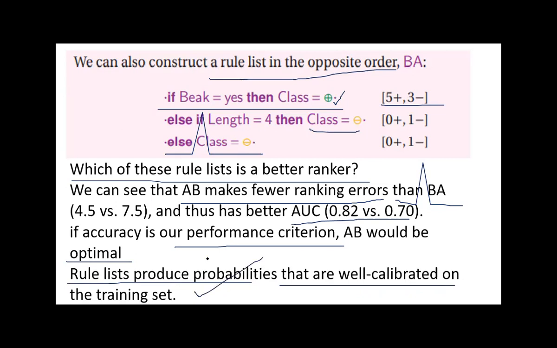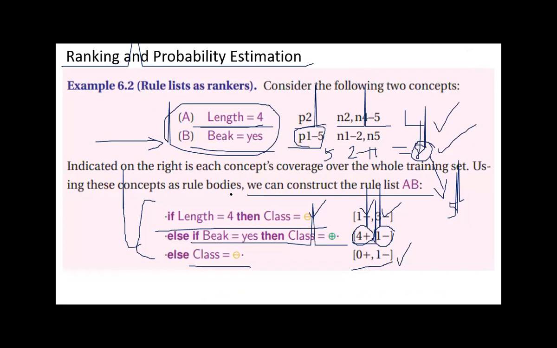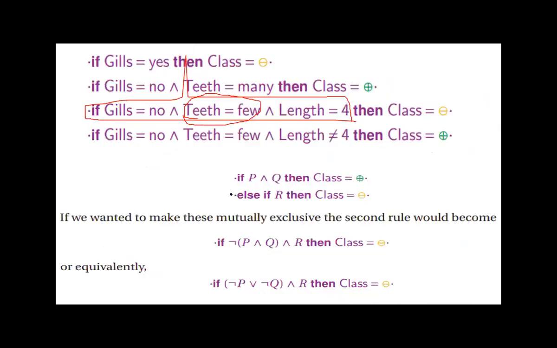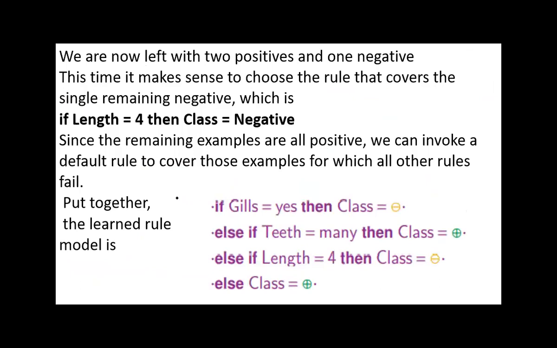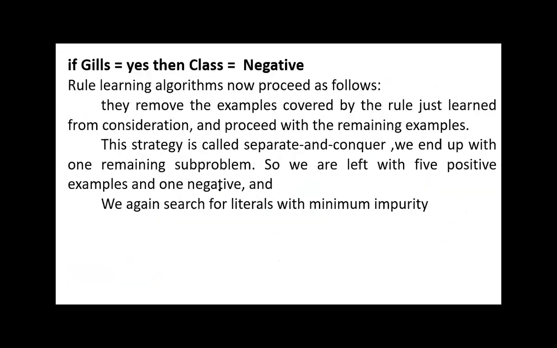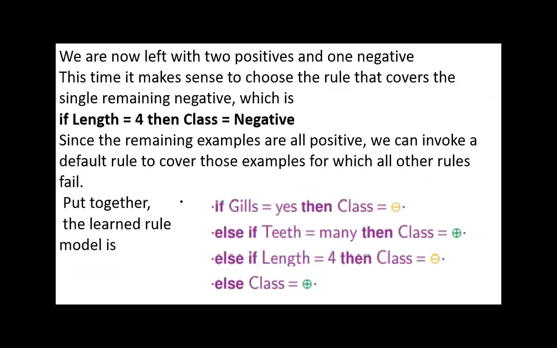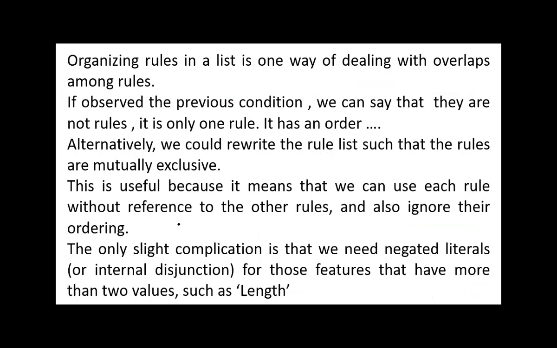So this is what a rules list is, and this is ranking and probability estimation. Let us now conclude. Today we discussed what is called a single rule, what is called a rules list.